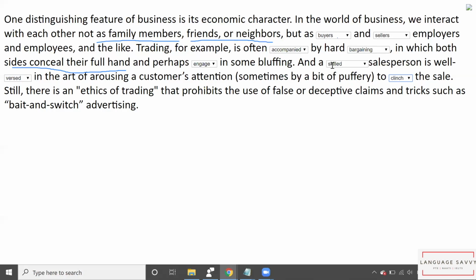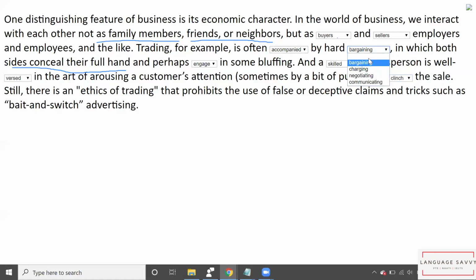So as I said in the start, this question was mostly based on clues. While we were solving the first two fill in the blanks, we had clues that said employers and employees. That gave us the idea that the first two blanks had to be related but opposite words, so we went with buyers and sellers. Then we saw a hard bargaining. The clue in this one was conceal. Conceal means hide.